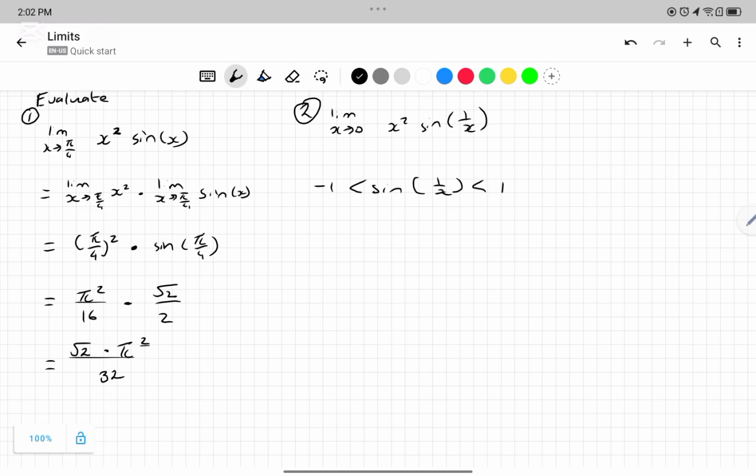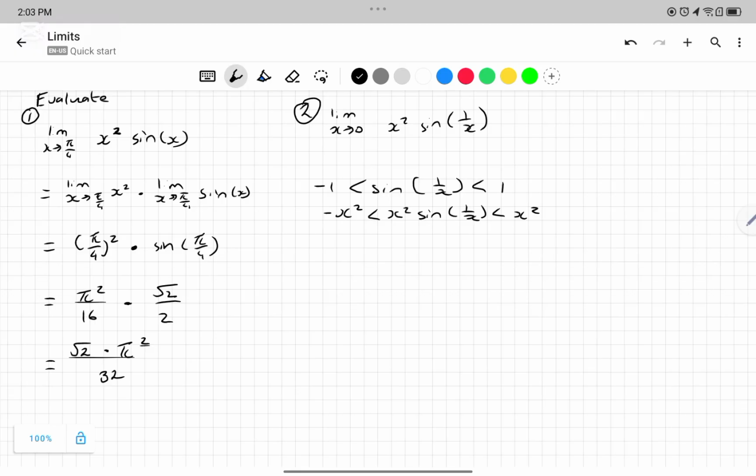So if we multiply everything by x squared, what we would find is this: negative x squared is less than x squared sine 1 over x, which is less than x squared. So that's what we got.